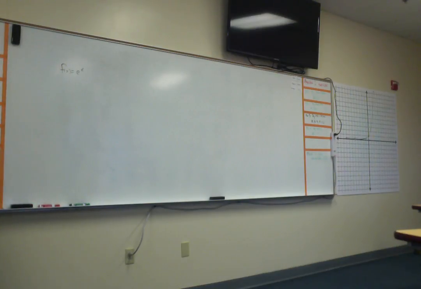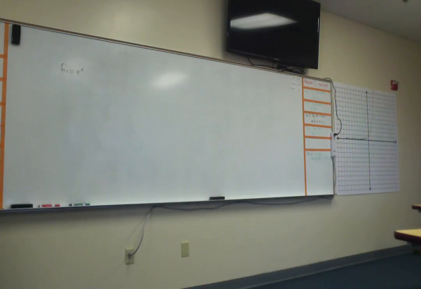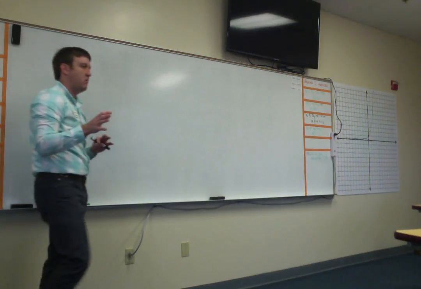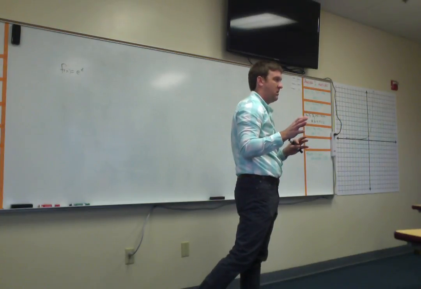So the function's on page 668. The function's y-intercept is 0, 1. Then it says another point on the graph that can be used as a reference point is 1, comma, and what goes in that box? 2.7.